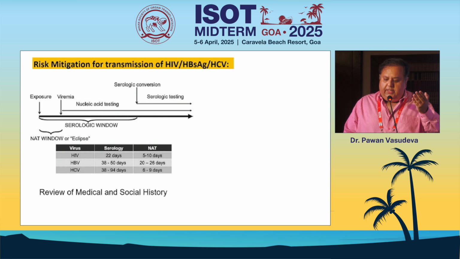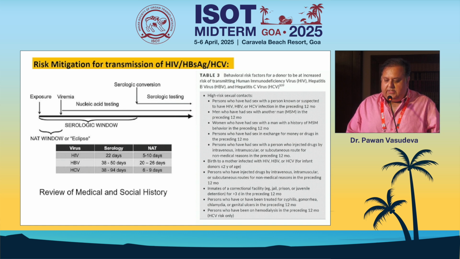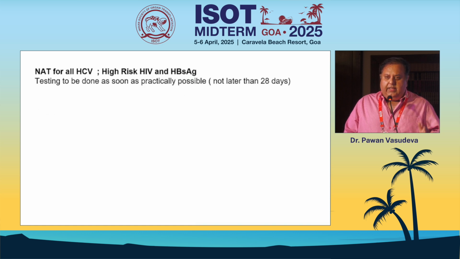And what would this mean? There are guidelines where they've given a host of risk factors: sex, paid sex with a man, sex with somebody who's known to have HIV, HBsAg. If you have a high-risk candidate who could be one of these, then the screening that is advised is that for HCV, it should be NAT for everybody.